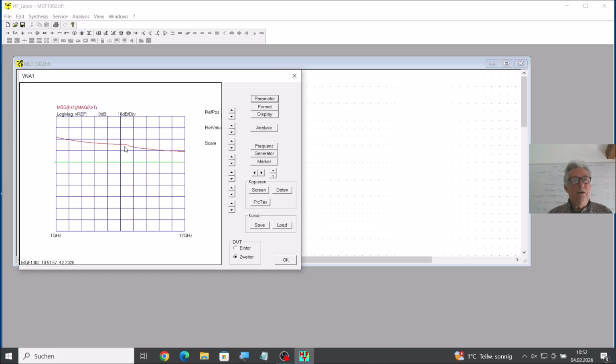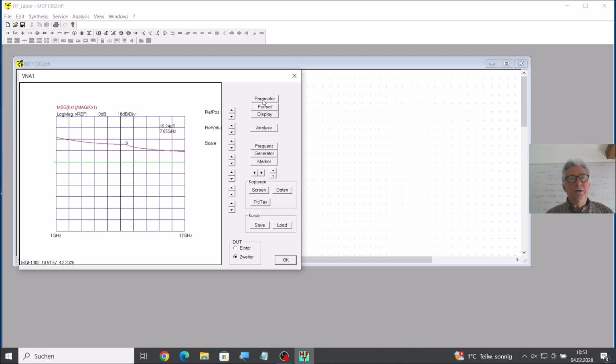And you see here this kink, and this is just the point. I will go to this point with the help of the marker, and we know that our transistor will become stable as soon as the frequency is higher than 7.05 gigahertz.